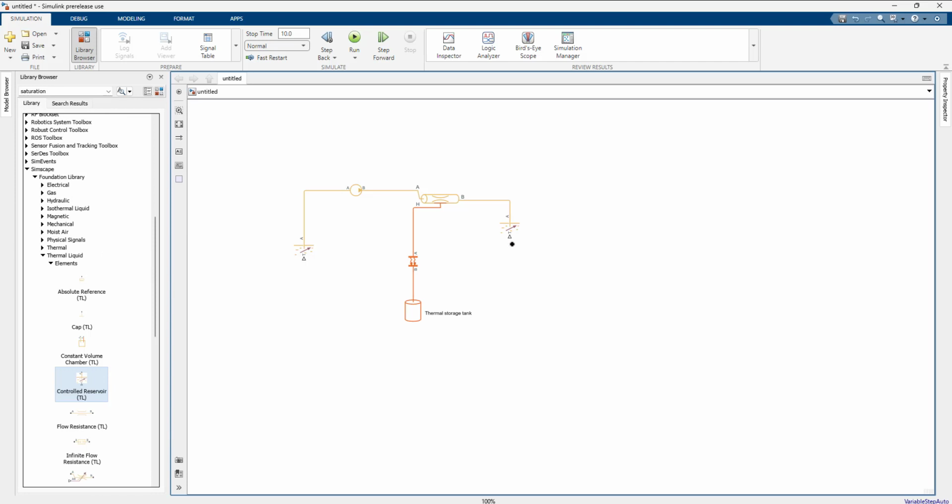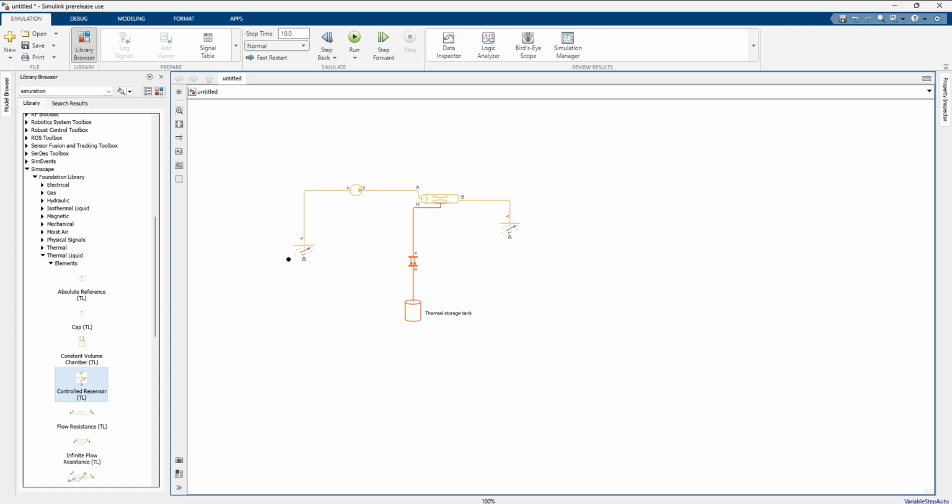And here we need a constant block, where we can set our value for this block. There is a point that we should care about. As I said, there are two connections here. One of them is for charging and the other one is for discharging.